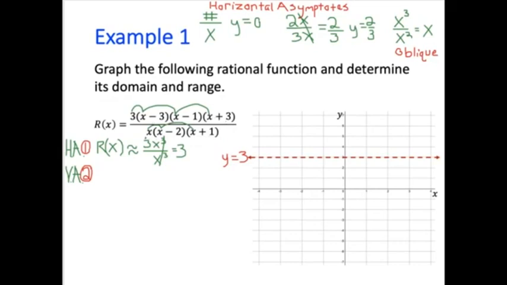So right here, I have a factor of x. When I set that equal to 0, I'm going to get a vertical asymptote because I don't have a factor of x on the top. x minus 2. I don't have a factor of x minus 2 on the top. So when I set that equal to 0, I'm going to find another vertical asymptote. x plus 1. Another factor in the bottom. It is not a factor in the numerator. So when I set that equal to 0, I'm going to get a vertical asymptote. So let's go ahead and do that.